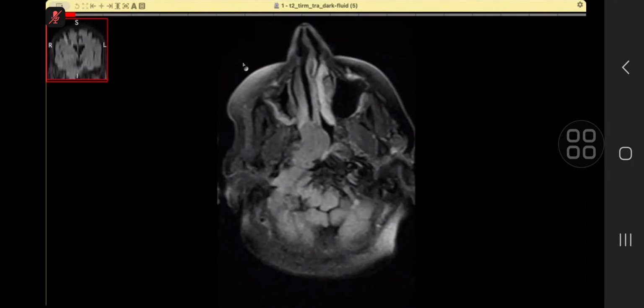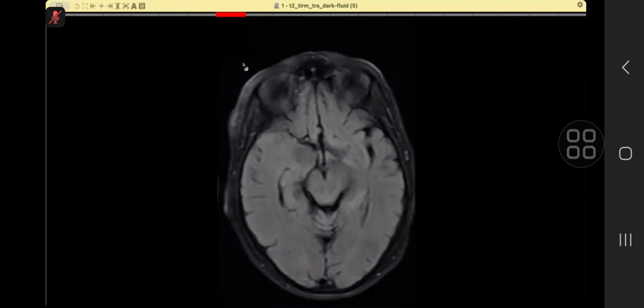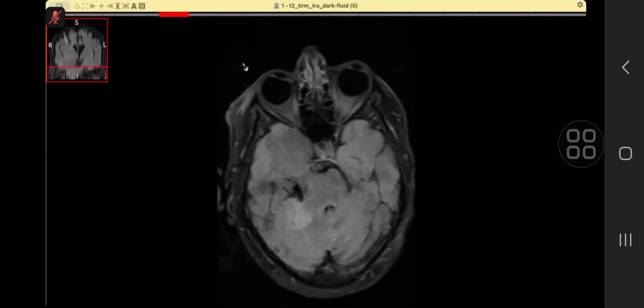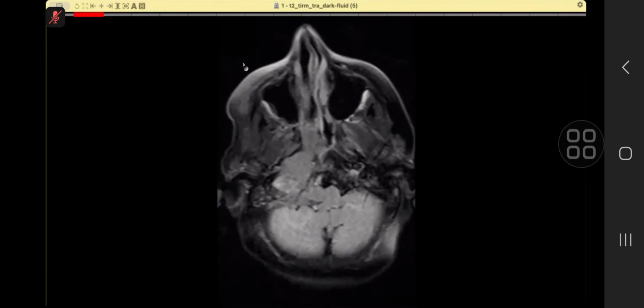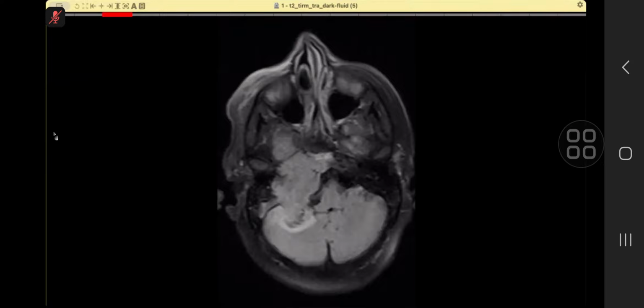I am scrolling for you. Okay, these are FLAIR images. Again, there is an aggressive lesion appearing slightly iso to slightly hypointense on the extra-axial FLAIR images with internal areas of low intensity in it.